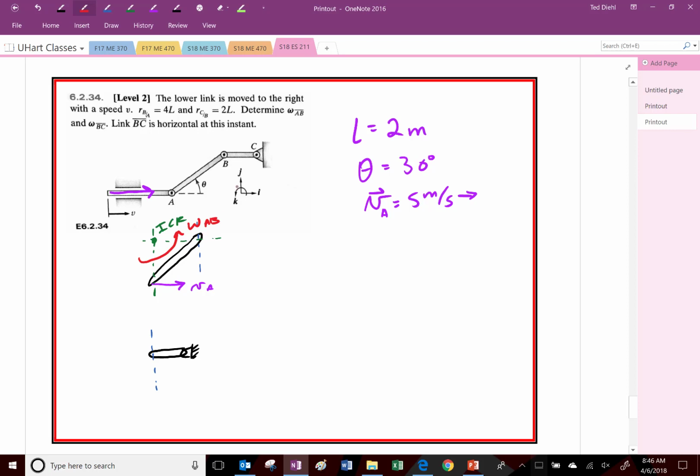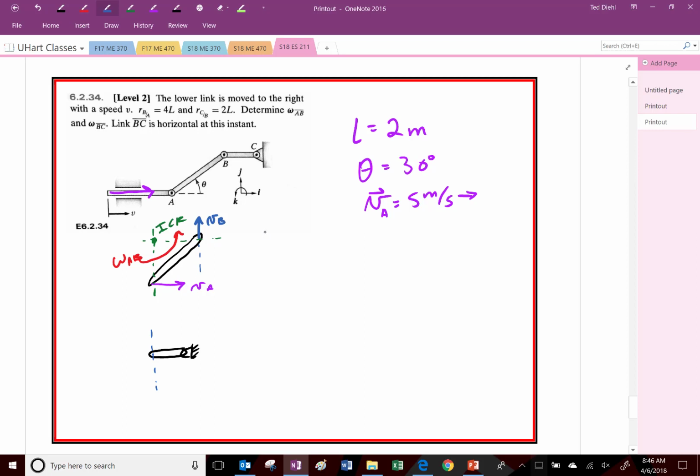And if I know that omega AB is in that direction, I know that my velocity at B has to be in that direction.